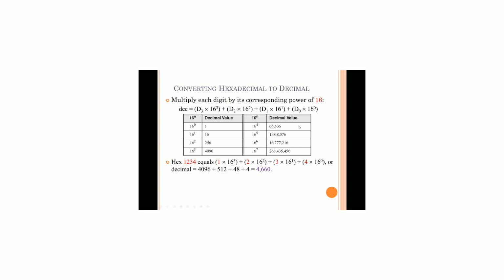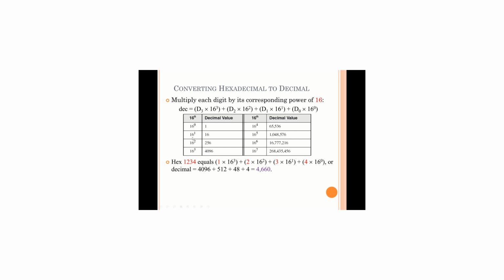How do you convert hexadecimal numbers to decimal numbers? We use the exact same formula as we used before, right? With the hexadecimal number, from right, the least significant digit, to the most significant digit, from right to left. The first place value is 16 to the power of 0, which is 1.